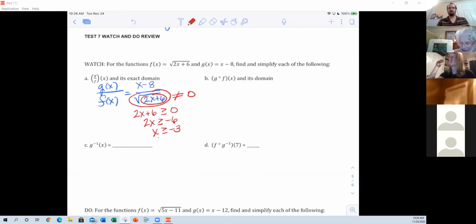But if x is equal to -3, that means the denominator would equal 0 and it cannot equal 0. So the exact domain would be x has to be greater than -3. And you could write it like this or like this, I don't care.